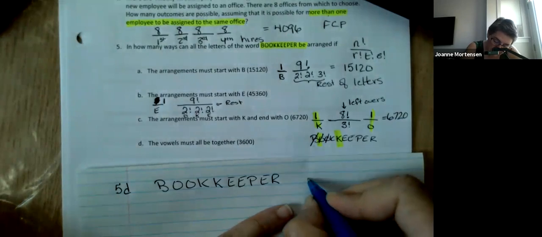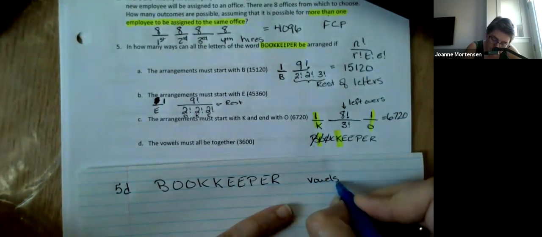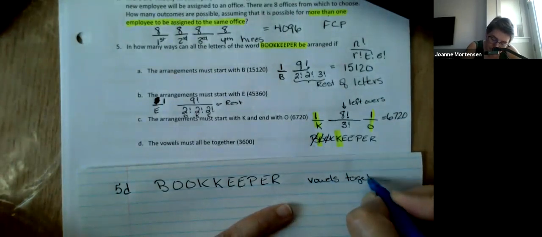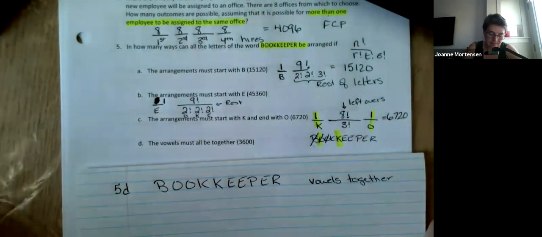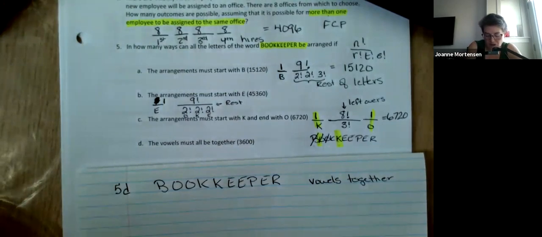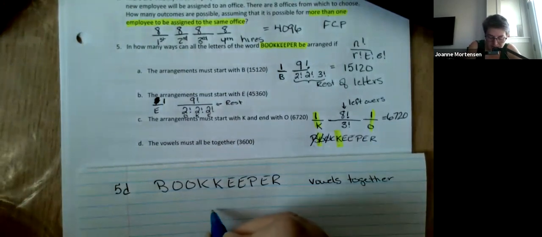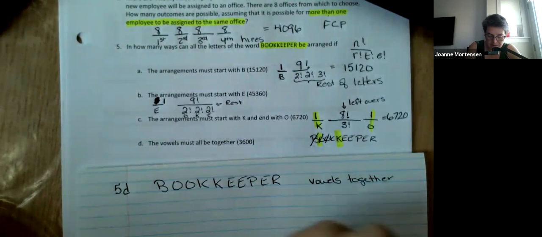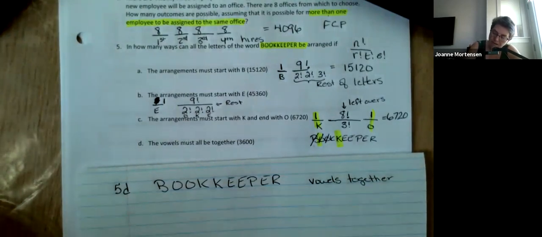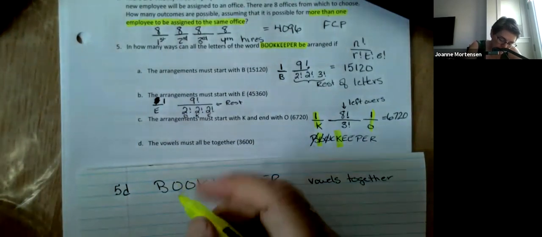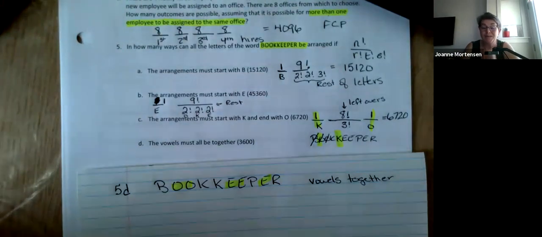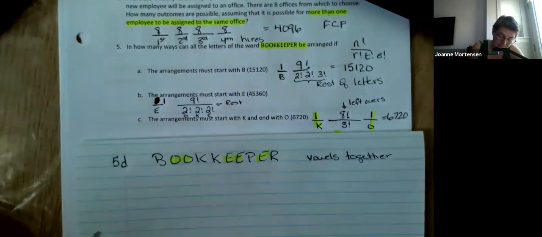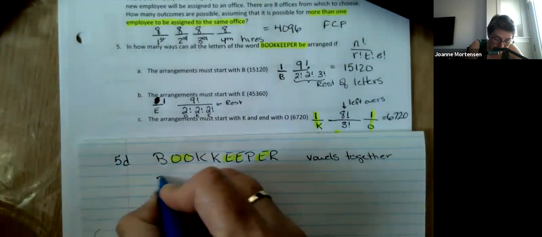So vowels together. So I'm going to try it. We're going to put all the vowels together, so let's highlight them. This is my plan. Stay with me. I'm going to arrange this word.